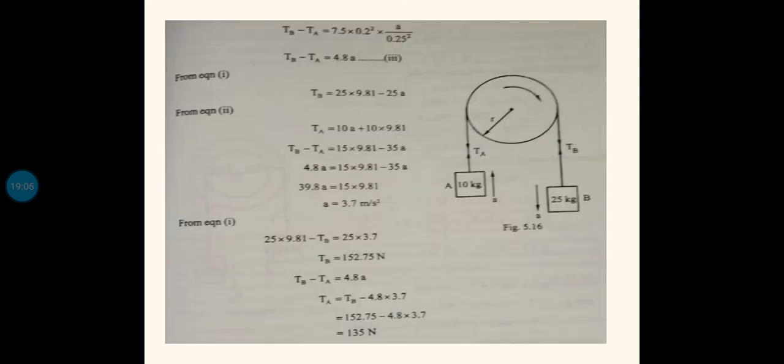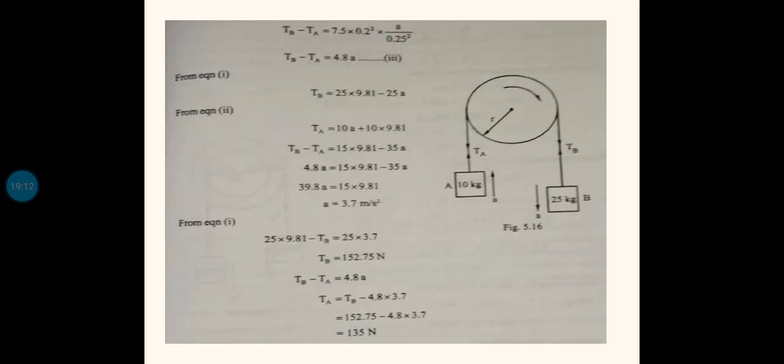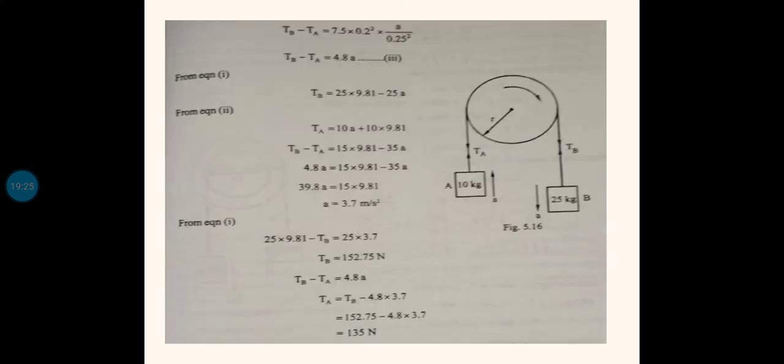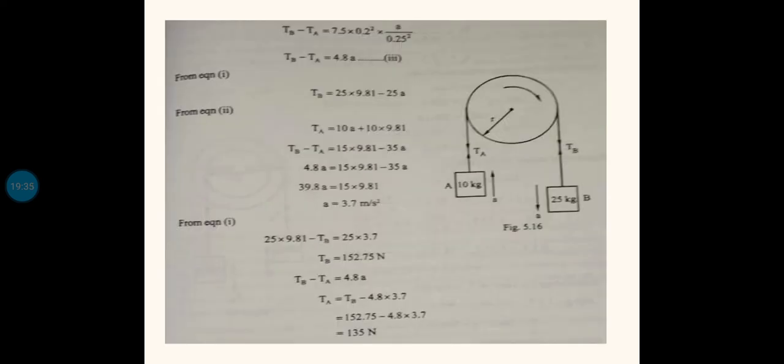From that equation you will get TB minus TA equal to, see, R is common, so R can be taken to the right side. M is given as 7.5 and K is equal to 200 mm, that means 0.2. So mk square equal to 7.5 into 0.2 square into A by R, but one R from the left side comes to the right side, so it becomes A by R square.